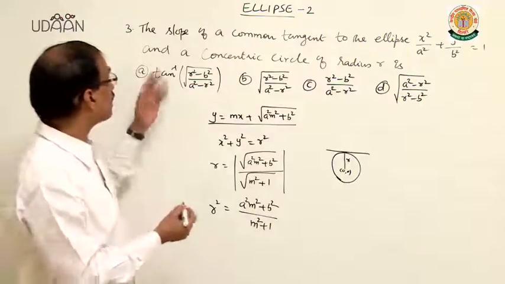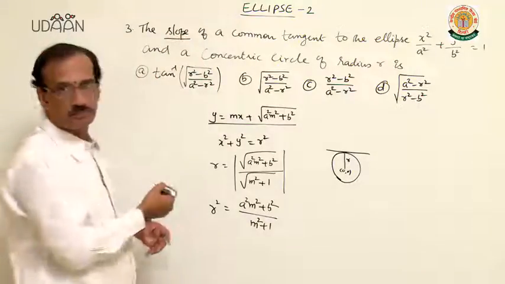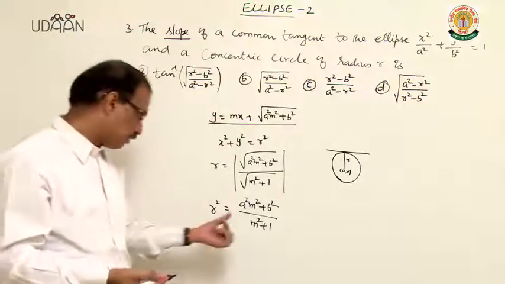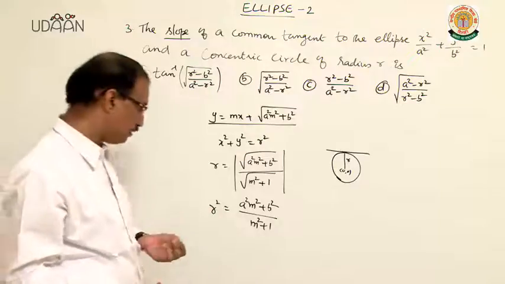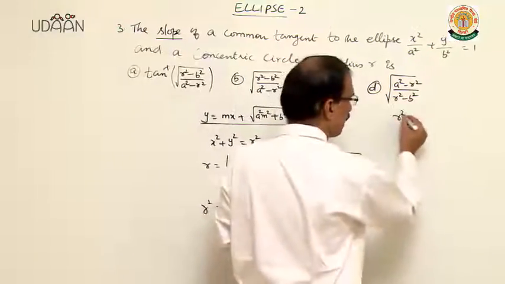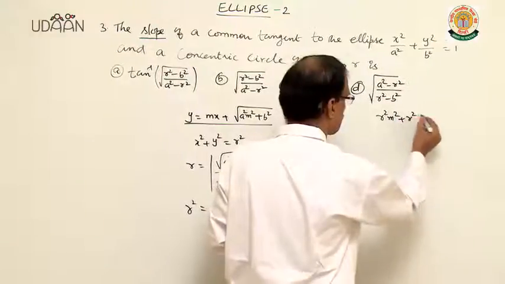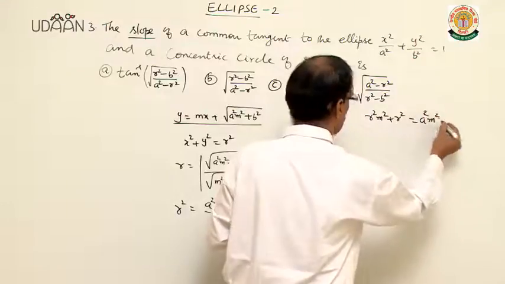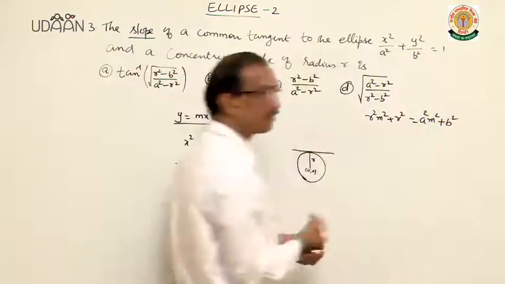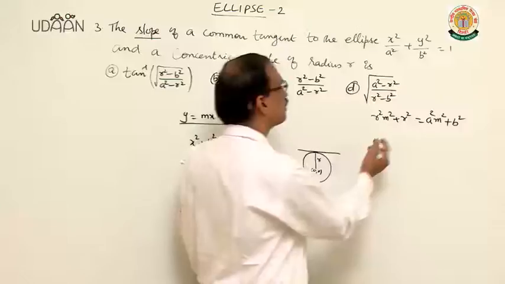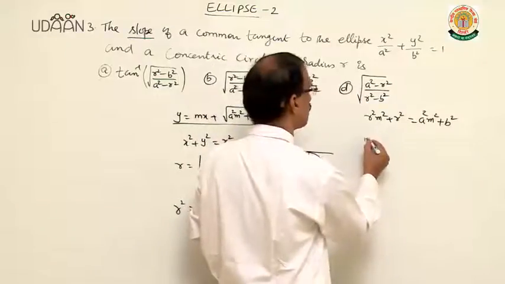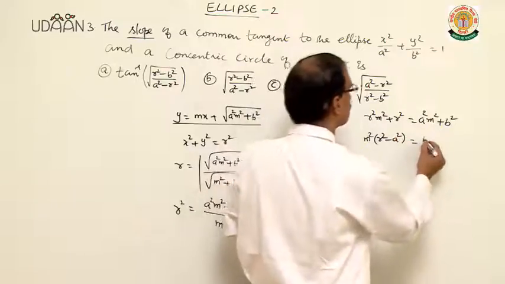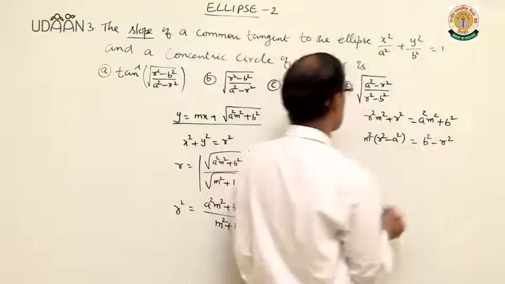Now what we have to find out? The slope. Slope means m is what we have to find out. So from this equation if you modify it, you get r square m square plus r square equals a square m square plus b square. Now rearrange it: m square into r square minus a square equals b square minus r square.